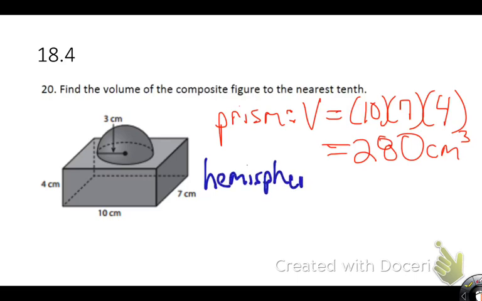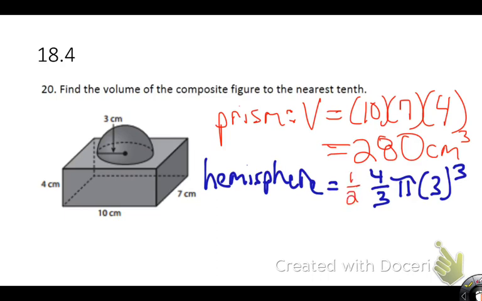And then we have the hemisphere. The hemisphere is going to be the 4/3 pi r cubed. It looks like the radius is 3. Remember, it's half a sphere, so it has to have that 1/2 in front, so we're multiplying by 1/2.